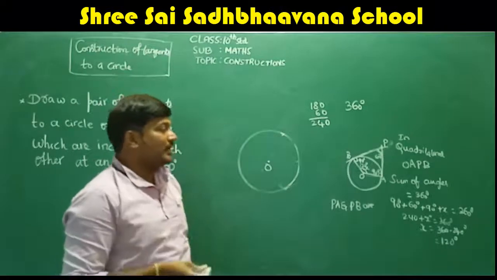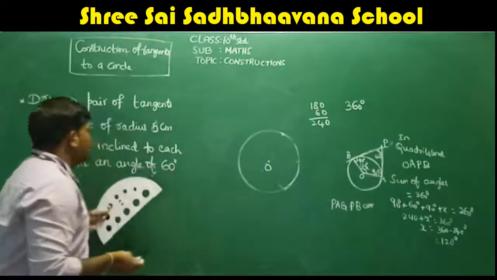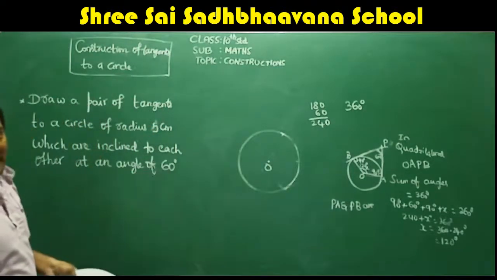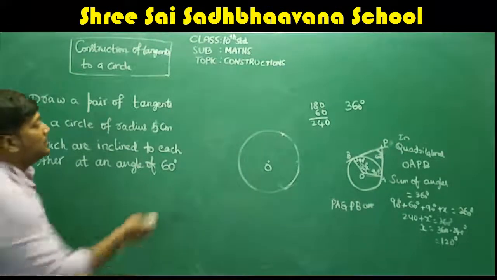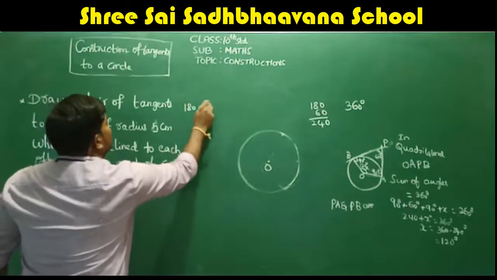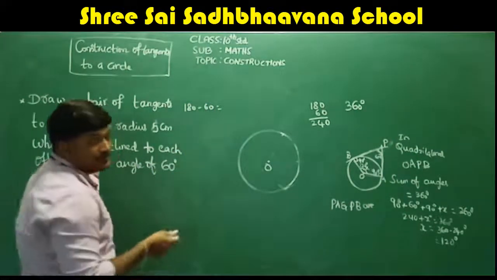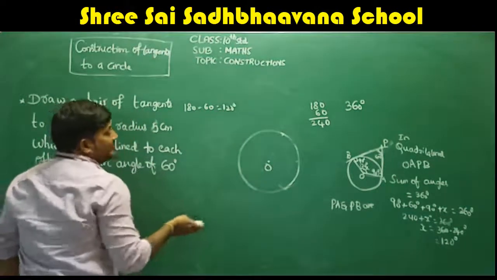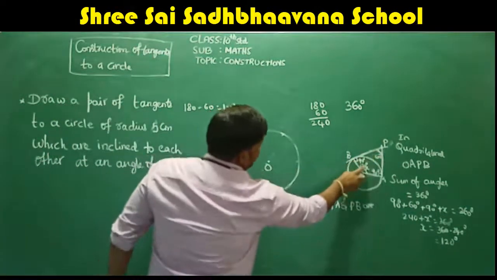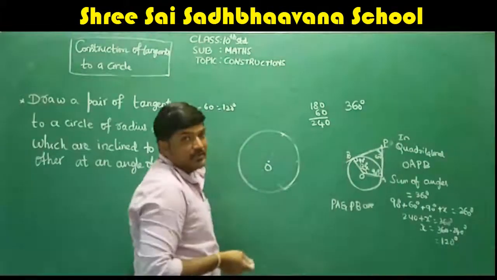And one more simple method I will tell you. For example, if the given angle is 60 degrees, you should just subtract 60 from 180. How much will you get? You will get 120 degrees. So if this angle is 60, the opposite angle should be 120.